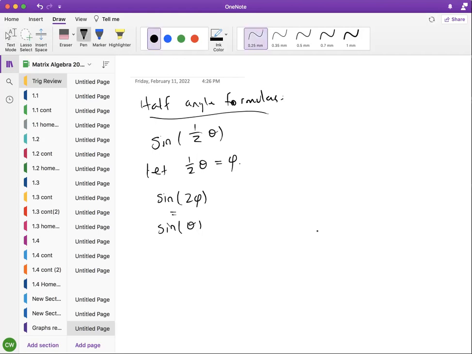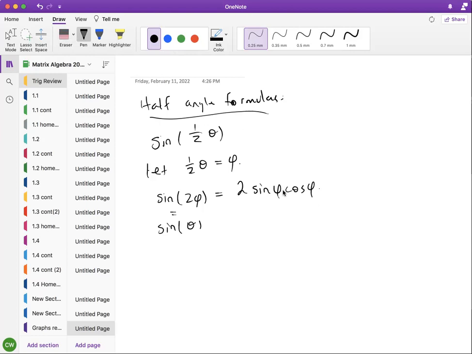So you can write this as, we know the double angle formula for sine is 2 sine of phi cosine of phi.